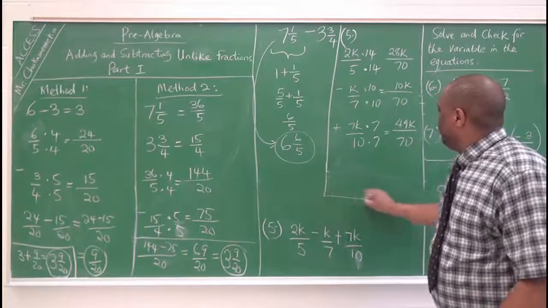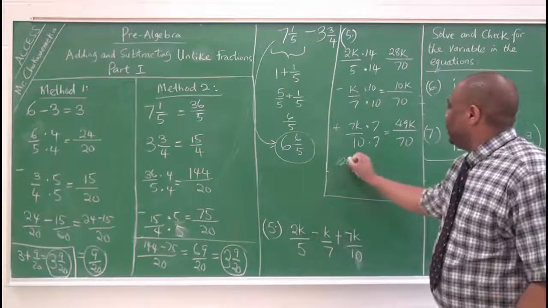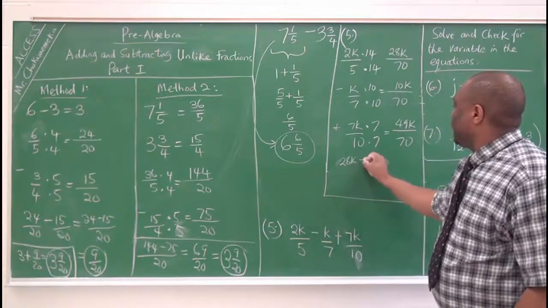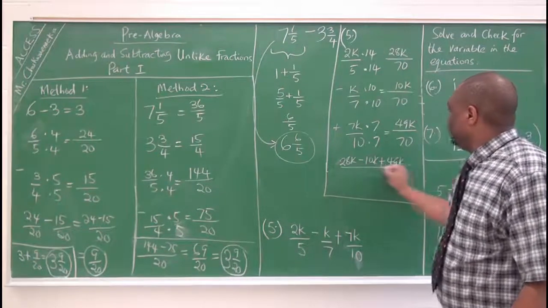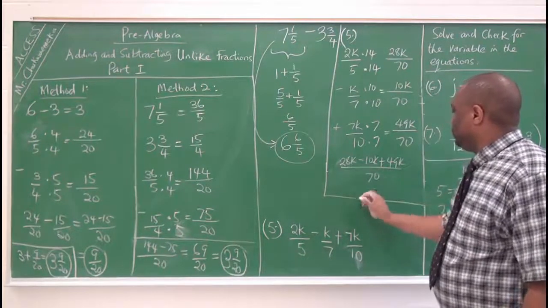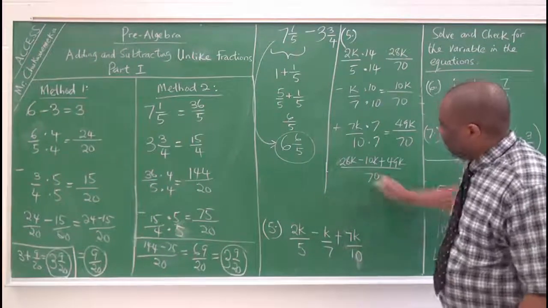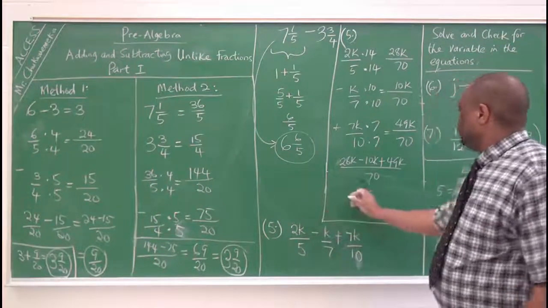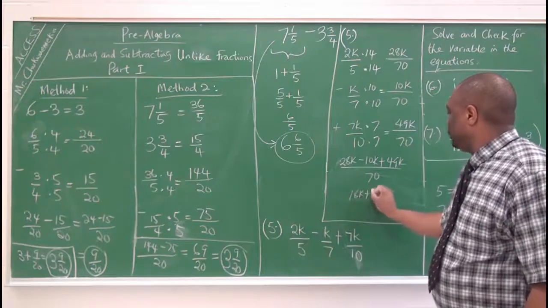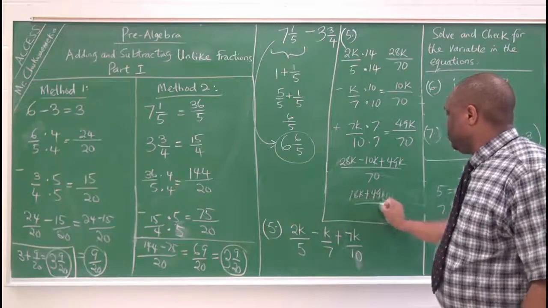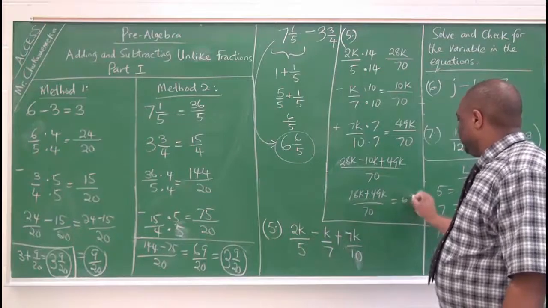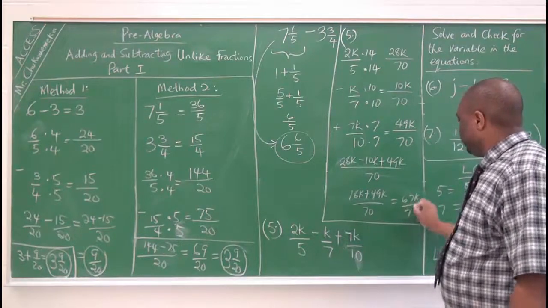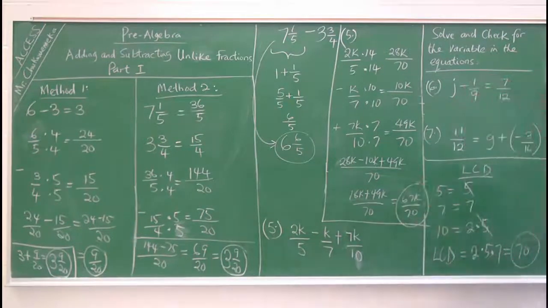If we finish it, we have 28k minus 10k plus 49k over 70. So this will give us 18k plus 49k over 70. And that will give us 67k over 70. That becomes our answer. That's the way we do it.